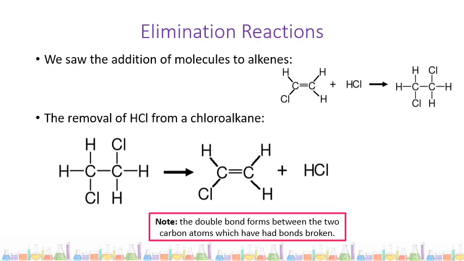This is going to be in the complete opposite way of the addition reaction, but in the same way as we saw the elimination of water from alcohols. We will break 1 bond on each carbon to remove our HCl, and in order to satisfy the octet rule, carbons will form a double bond in between them, and we'll also get the formation of a bond between H and Cl to produce our hydrogen chloride.